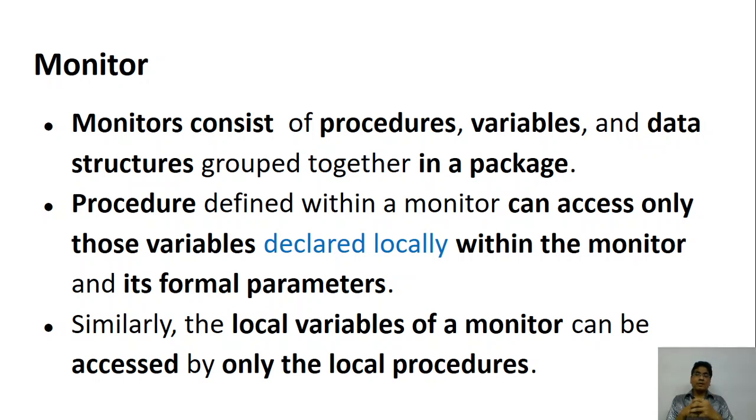The procedures that you write in your monitor can only access the variables which are declared locally, apart from the formal parameters. What I mean is, when you have functions inside the class, the function can get some values from the user, that is nothing but formal parameters. Apart from that, they can operate on the instance variables. If you have written a class, then you know what I'm talking about.